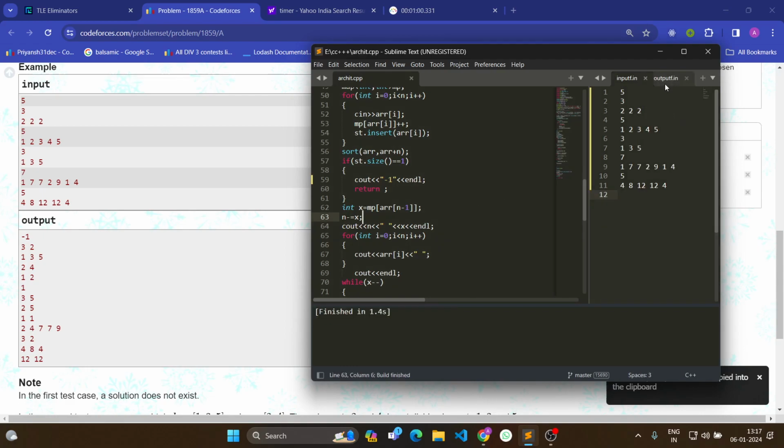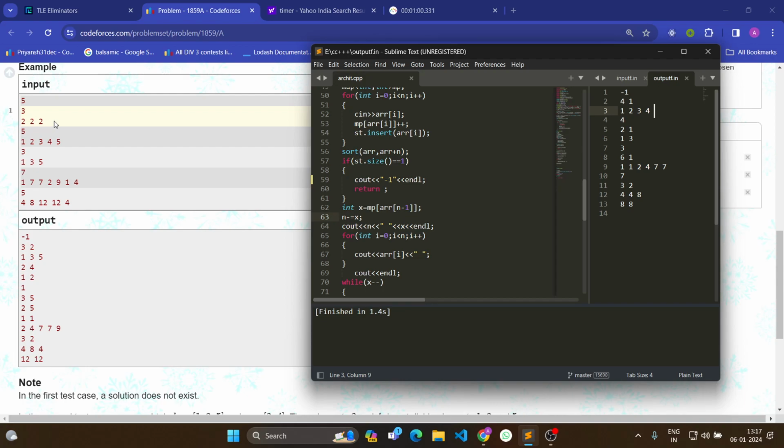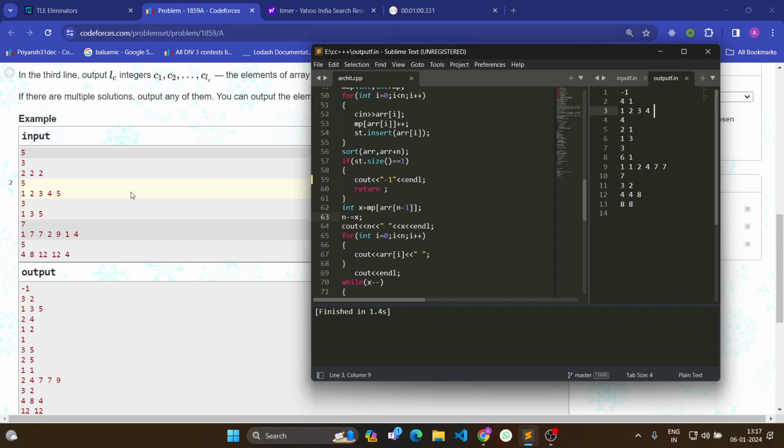and let's see. So first is -1, then we have 4 and 1, then we have 2, 3, 4. Okay, why do I have 2, 3, 4? Okay, in this test case, so yeah, 1 and then 2, 3, 4. So the question stated that, again, I don't have 5 here.